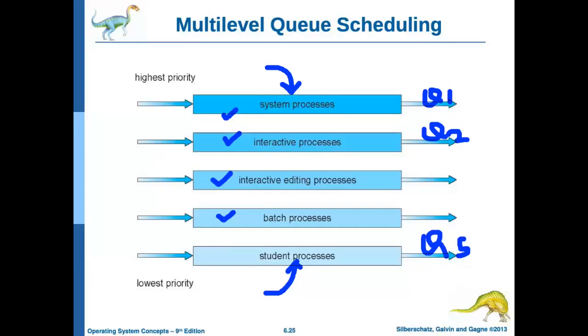Next category is interactive processes. Just respond here. For interactive processes, which of the following algorithms is useful?